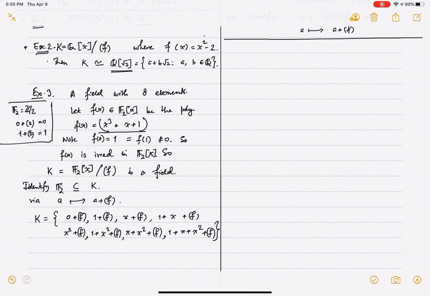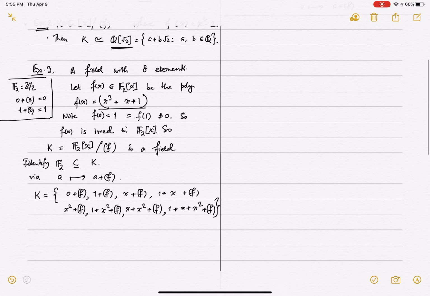Let's play with this a little bit, but writing them as cosets gets kind of irritating. We have already promised that we are just going to identify 0 plus the ideal with 0 and 1 plus the ideal with 1. Indeed, this is the 0 of K, and this is the 1 of K. To name the other things, it's better to give a name to this guy.